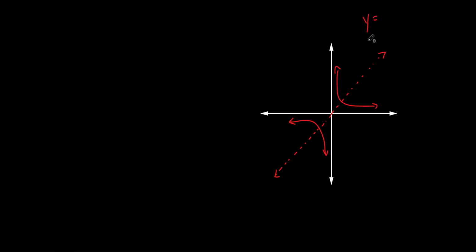All right, so it's y equals 1x plus 0. Agreed? Or just what? Y equals x. So that dotted line is y equals x. That's what it's symmetric to. It's not symmetric to the x-axis. It's not symmetric to the y-axis. It's symmetric to that diagonal line, which is called what?